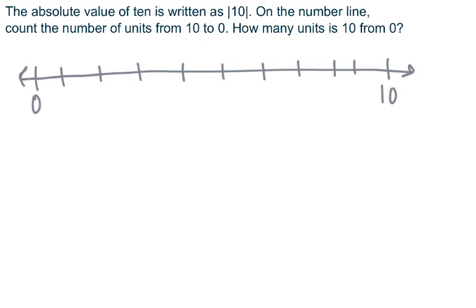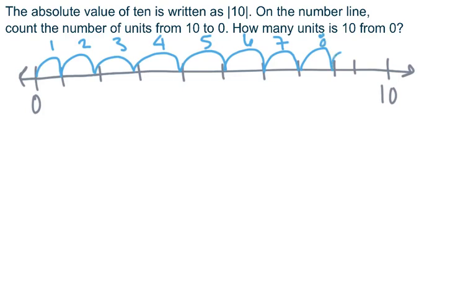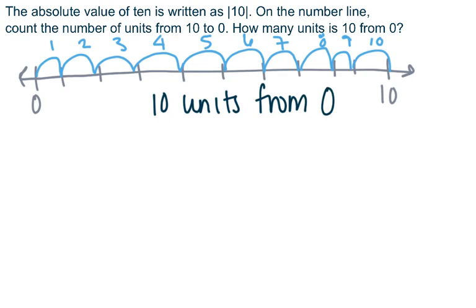Let's count using our number line. 1, 2, 3, 4, 5, 6, 7, 8, 9, 10. So 10 is 10 units from 0.